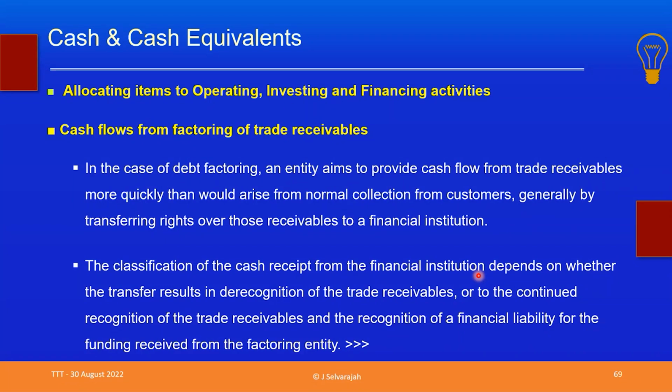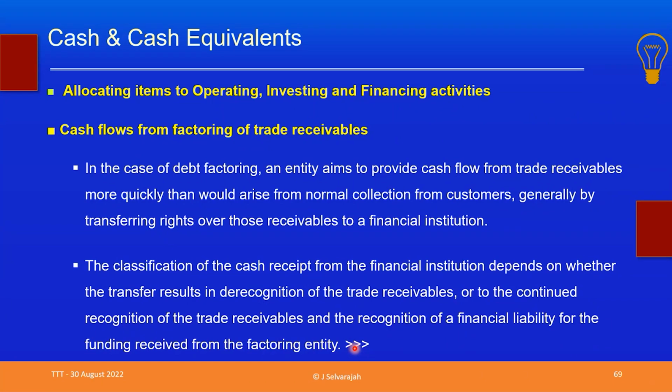Or credit the bank? Which one? All right. Depends on the transfer, whether it results in a derecognition of trade receivable or to be continued. You keep recognizing your trade receivable and also you recognize the financial liability for the funding until all the debtors are paid. That means trade receivable 100,000, leave there.